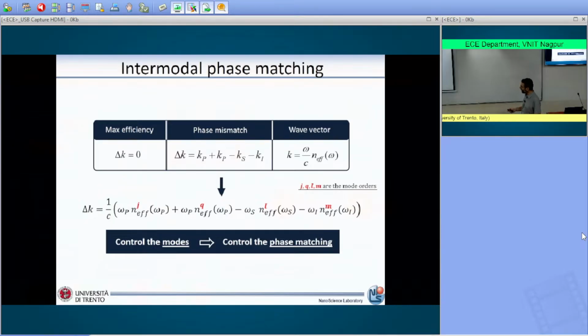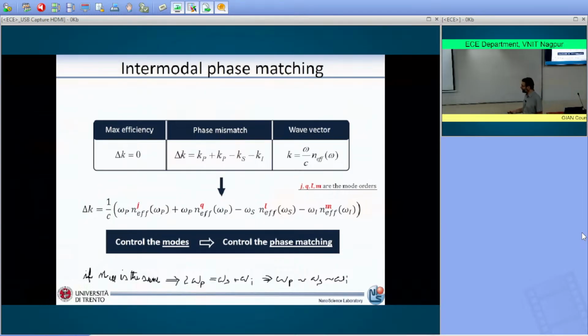Here we have emphasized that for each of the modes characteristic of the photons we are considering, we may end up with a different effective index. And therefore, if we control the modes that are involved in the four-wave mixing process, we can control the phase matching condition.